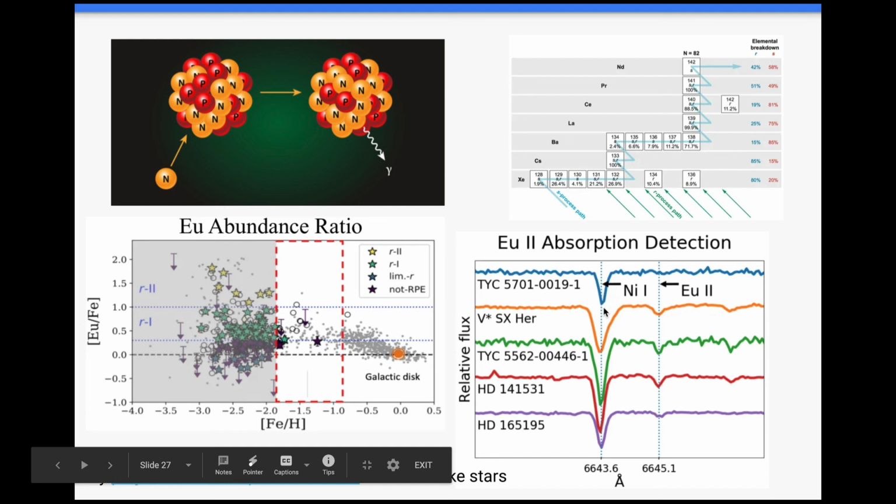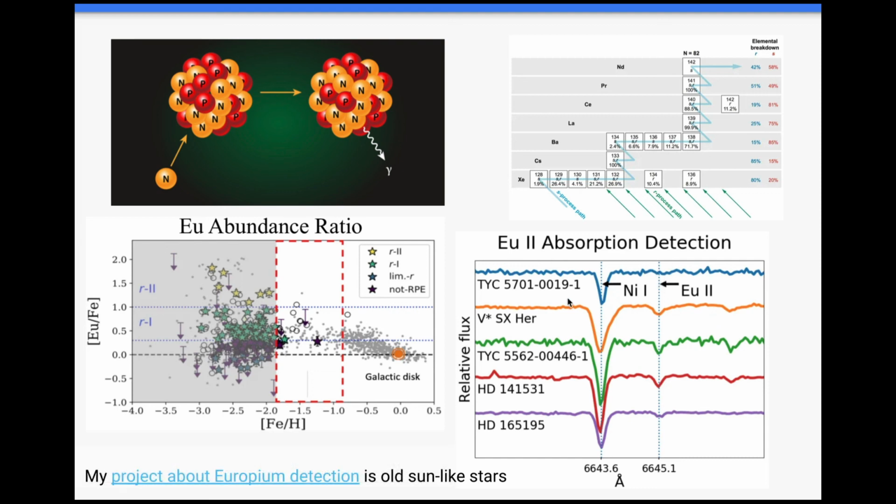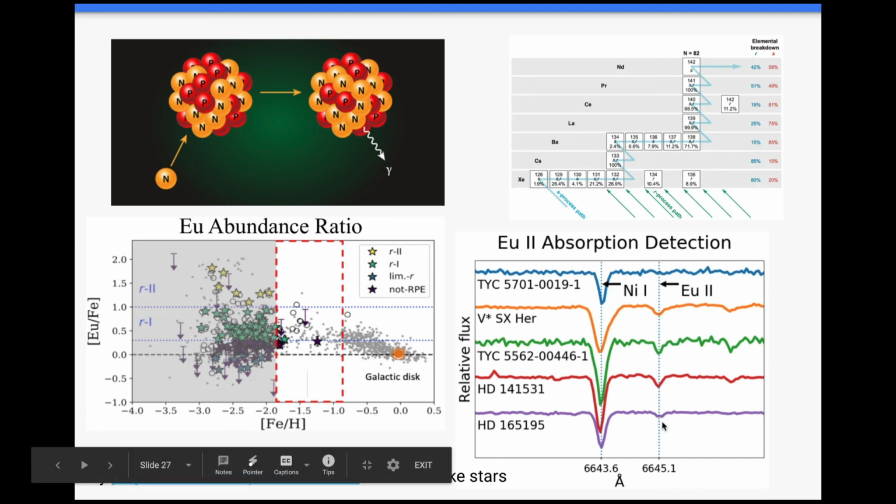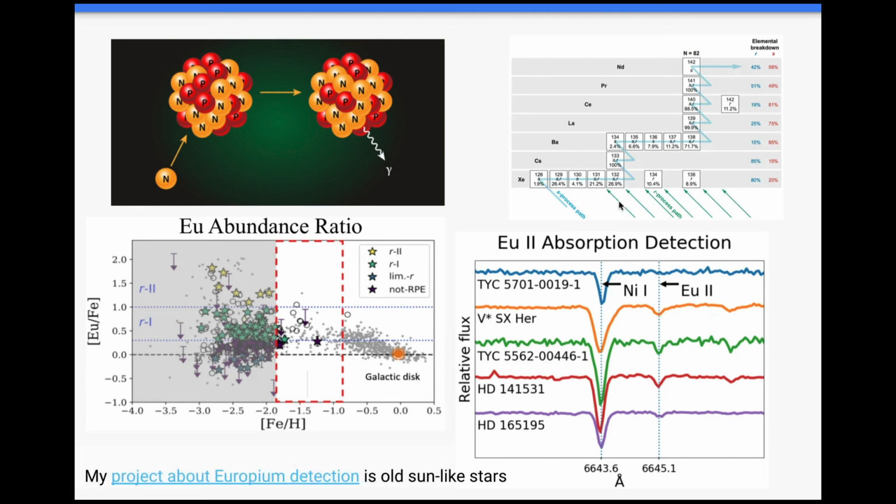You can see here we've marked the nickel line, which stands out really clearly in each of the stars. And in the europium line, look, it's missing in this one, TYC 5701 0019-1. There isn't any dip there from the europium for that star, but all of the other ones had a dip.